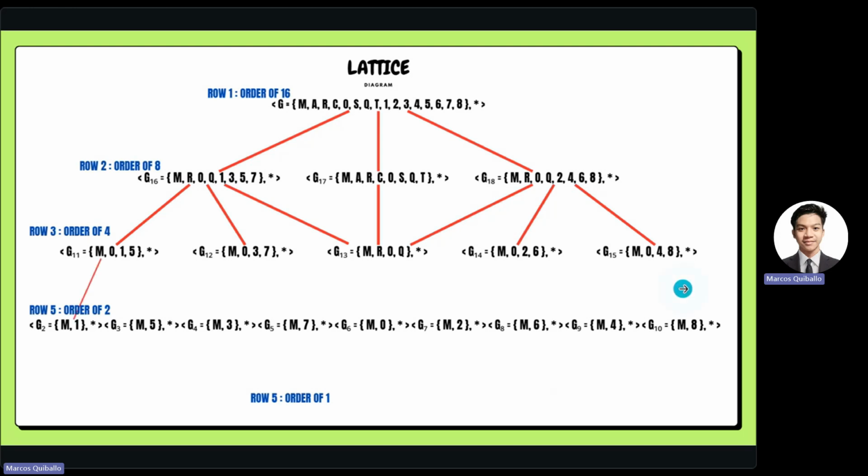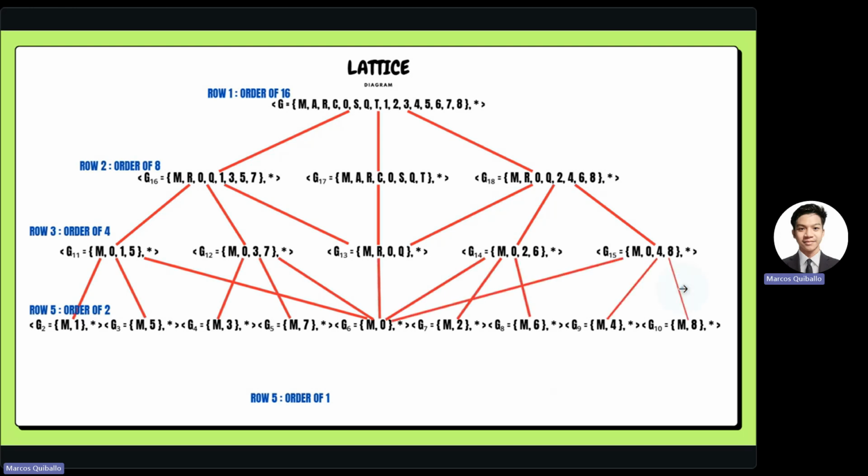And for row 5, we have the trivial subgroup, which is G sub 1. So it is order of 1 because it has one and only one element.